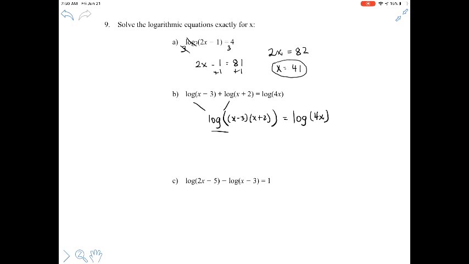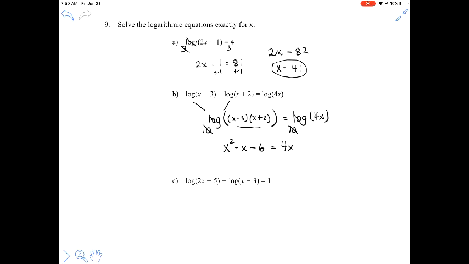And now that we have one logarithm on one side and one logarithm on the other, we can go ahead and cancel both, since they're both base 10 logarithms using a base 10. So those cancel, and we have that, which I'm going to multiply together to be x squared minus x minus 6 equals 4x. So now we have a quadratic equation to solve.